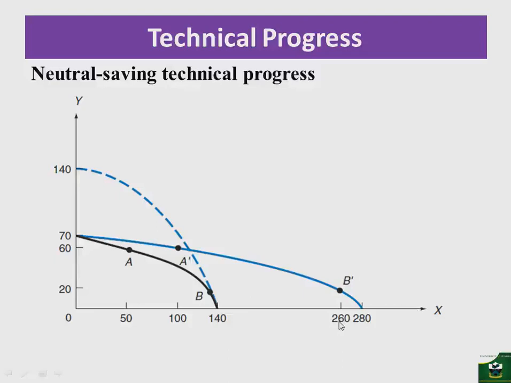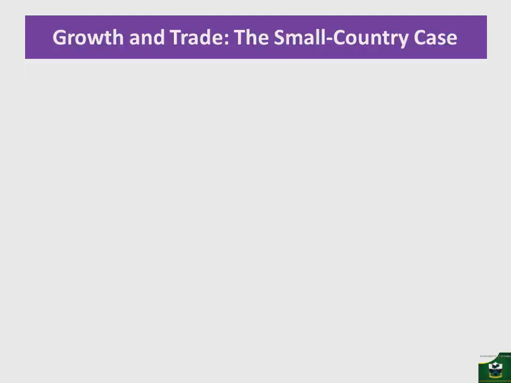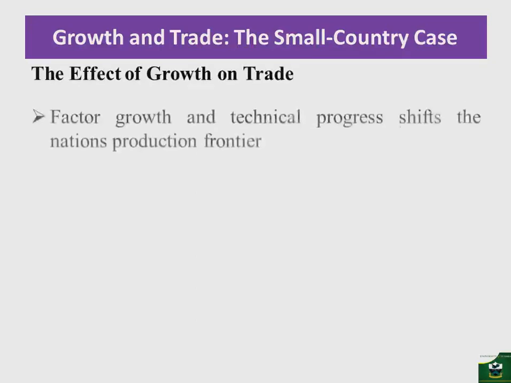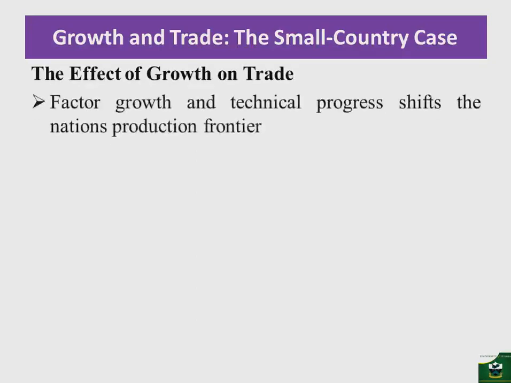Okay, so let's now take the growth and trade for a small country, and specifically we look at the effect of growth on trade. Now, factor growth and technical progress, remember that they all shift the nation's production frontier outward.